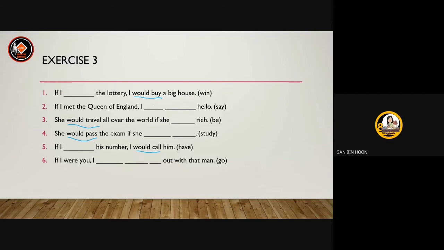Okay, so sekarang kita cari apa? What are we looking for? Do you remember the formula? If plus past what? Past tense, am I right? Plus past tense. Okay, sorry, I'm writing using the mouse. I try to get another better pen, okay? So, campur ini.